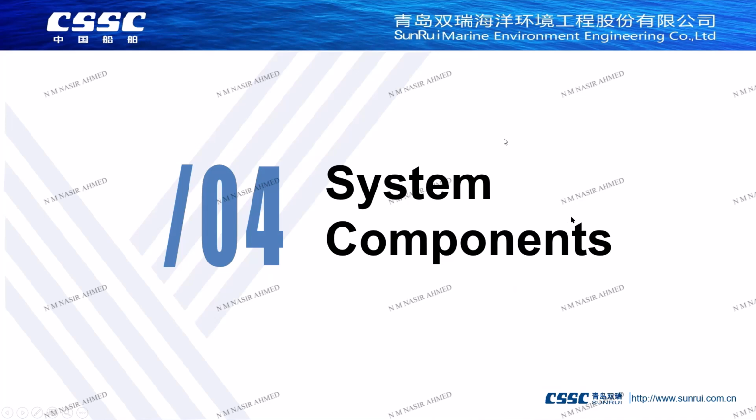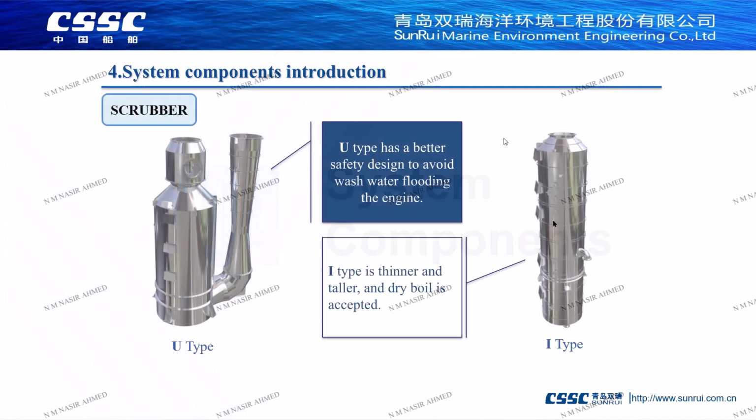Now let's talk about the composition of the system. The main component is the desulfurization tower. Our desulfurization towers are mainly divided into two types, including U-shaped towers and I-shaped towers. The main difference between the two is that the U-shape has a secondary tower.